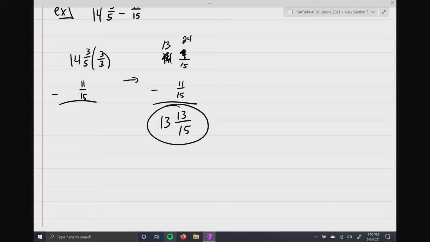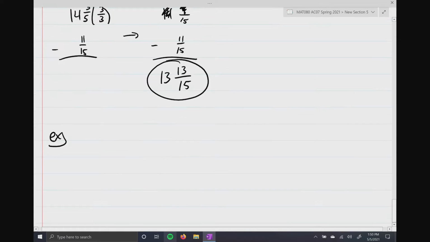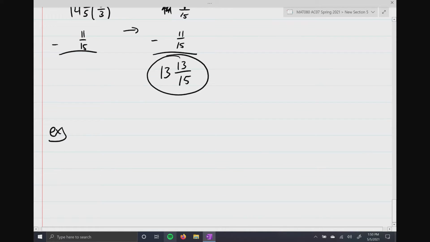All right. Any questions with this? Okay. We're still going to stick with the theme of fractions, except we're going to switch it up a little bit. We're going to talk about ratios. So remember, a ratio is a fraction of two quantities.